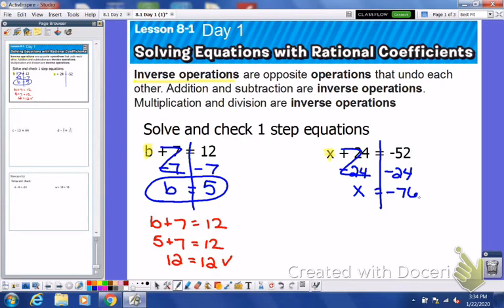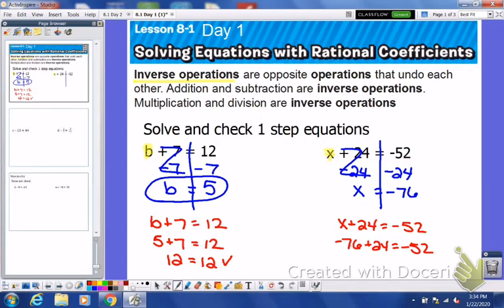Okay, so now we do our check. So x plus 24 equals negative 52. Substitute in the value we just got. So negative 76 plus 24 equals negative 52. Now actually do the check. There's no point in doing our check if you're not actually going to figure this out.